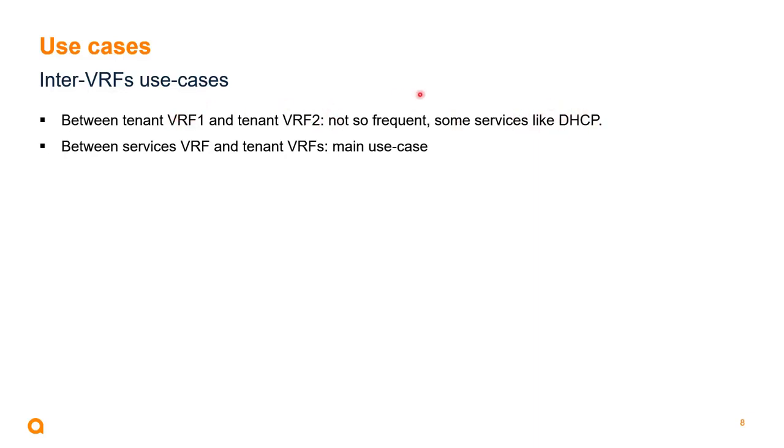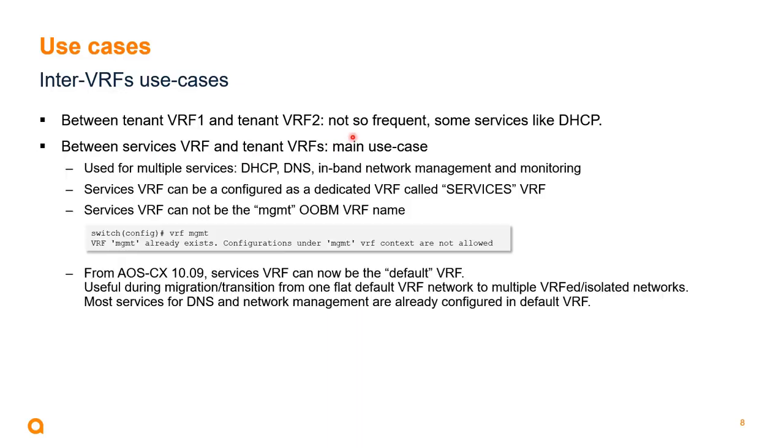But this is not the main usage. The main usage is probably to have a services VRF whose routes are leaked into tenant VRFs, and for the return path as well, tenant VRFs leaked to the services VRF. So that's the main use case.